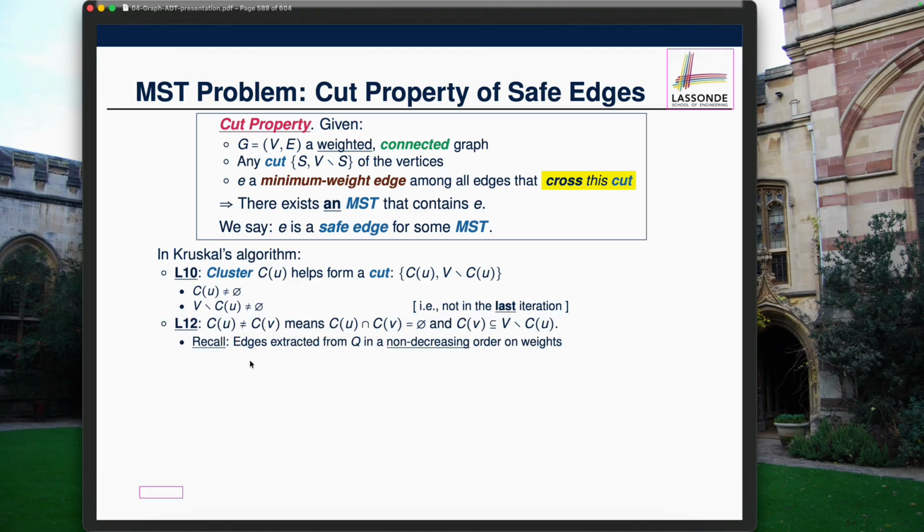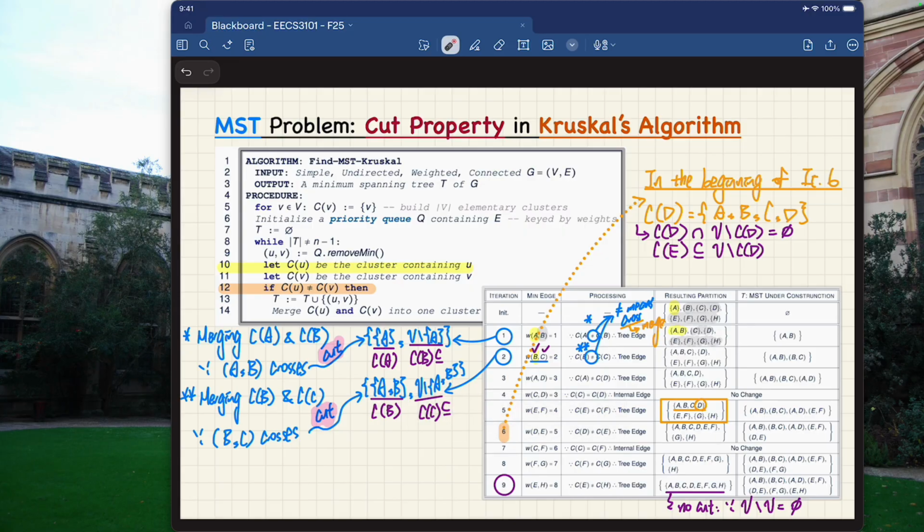Okay, and then we say the edges are extracted in a non-decreasing order, right? So how do we see that? Non-decreasing meaning that it can be either the same or increasing. So you can see that these are all the edges we extract in the different iterations, non-decreasing: 1 and 2 and 3 and then 3 and then 4, right?